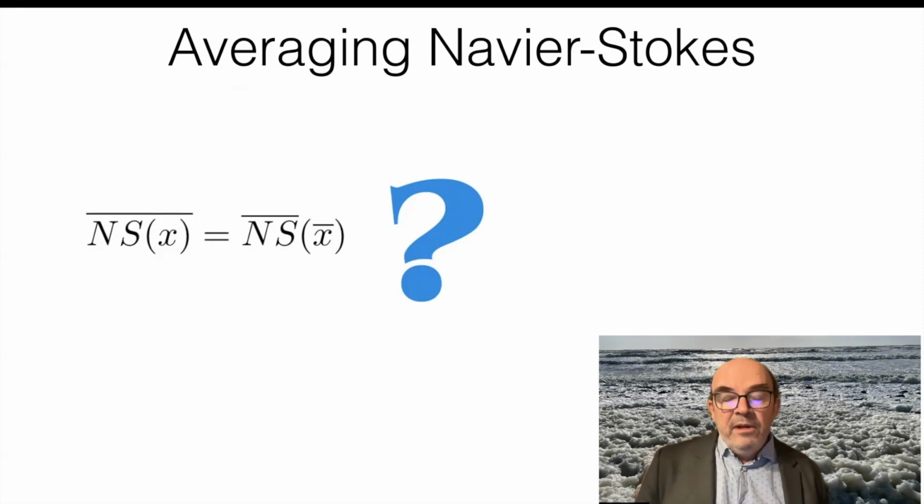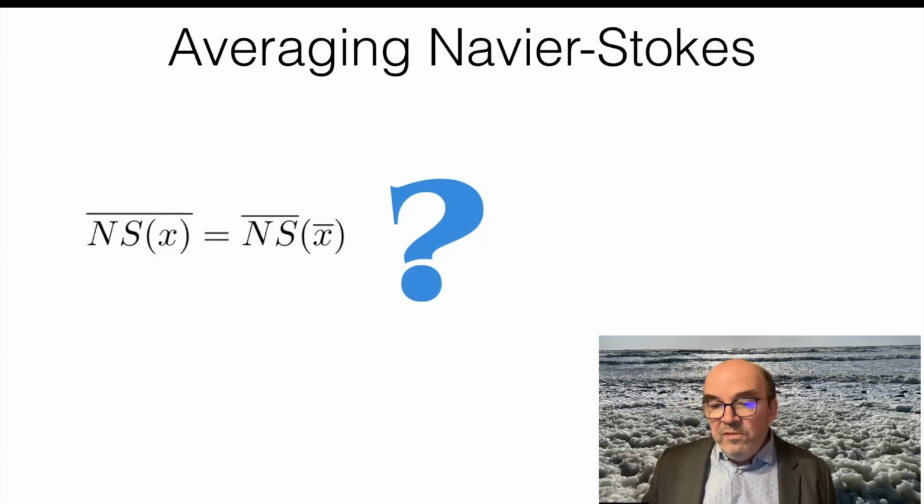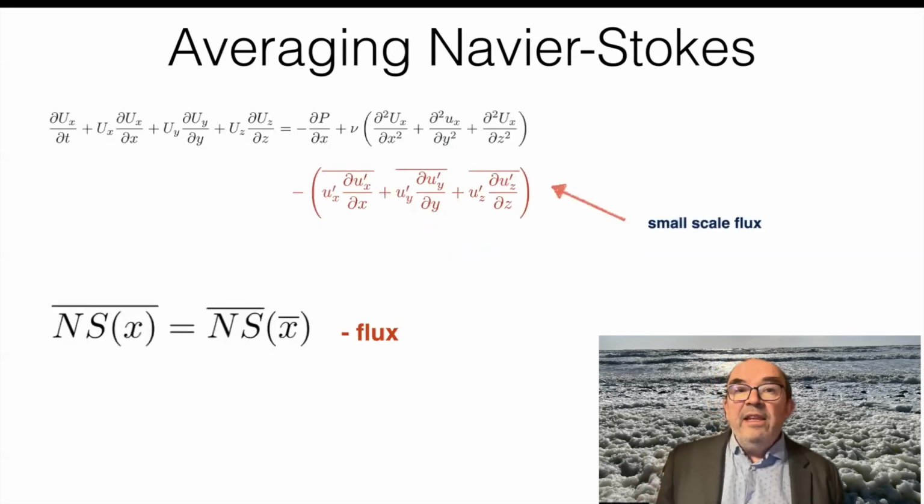Is it the same? People familiar with this will recognize a problem linked to linear systems. This equality is true for a linear system, but not for a nonlinear system. And the Navier-Stokes equations are nonlinear.